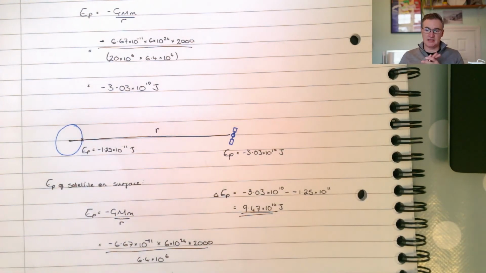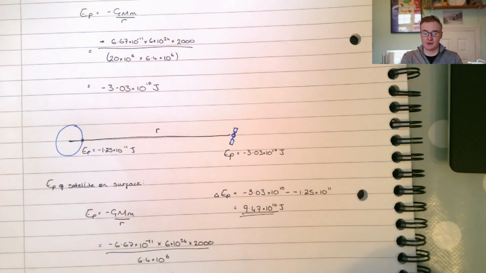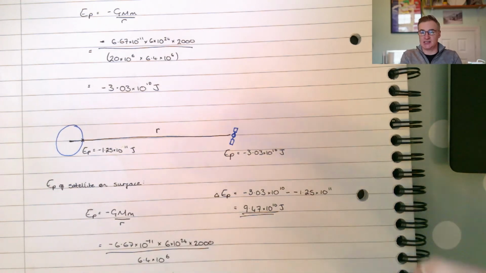What this basically means, and the crux of it, is that in order to launch that satellite from the surface of the Earth up to its orbital position, 20,000 kilometers above the Earth's surface, you have to put in 9.5 times 10 to the 10 joules to the satellite. You've got to give it that amount of energy. That's the amount of work that you need to do on that satellite.